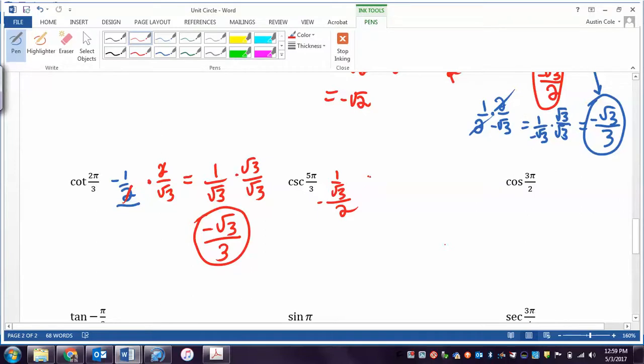So really we're taking 1 times the negative 2 over square root of 3. 1 times anything is just itself, right? So negative 2 over square root of 3. Are we done though? No. Need to rationalize it. So you get negative 2 square root of 3 over 3.